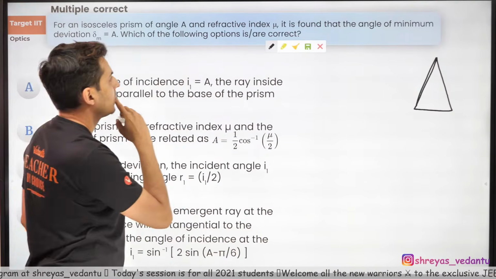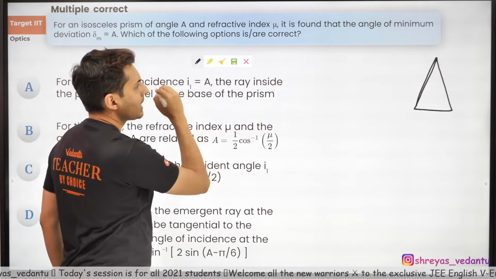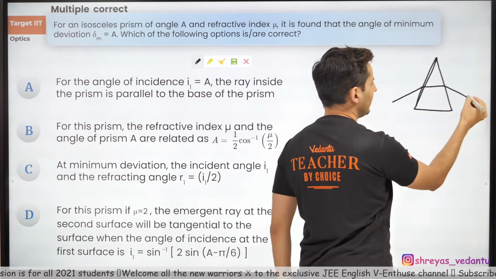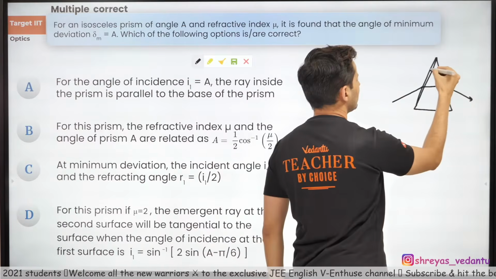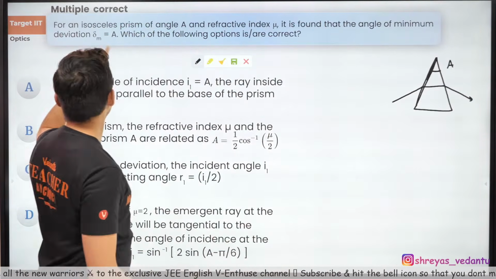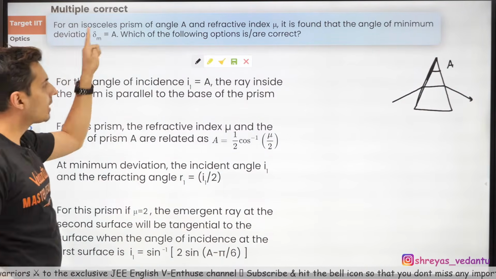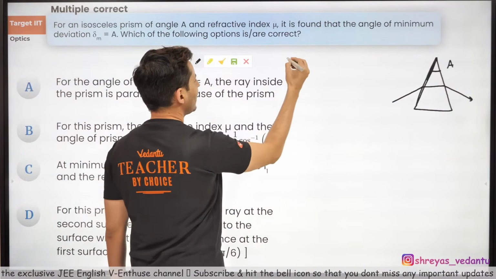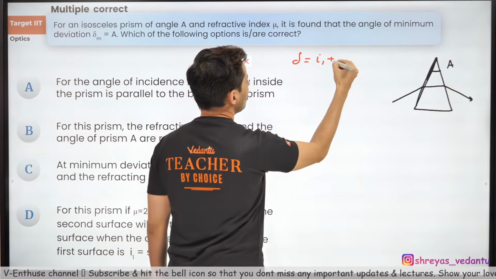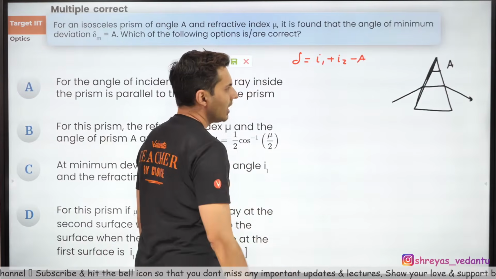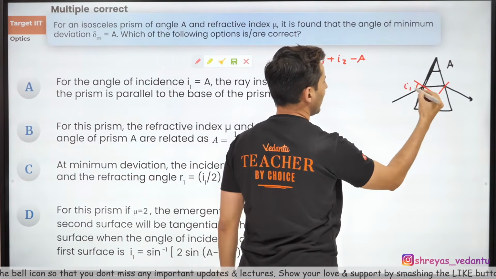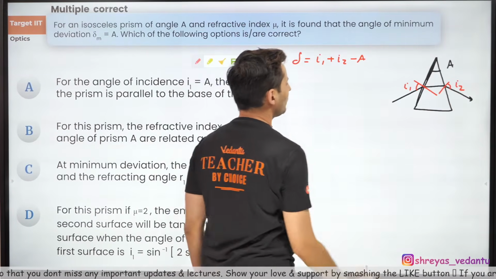Let's say this is the incident ray, this is the internally refracted ray, and this is the final emergent ray. The angle of prism is A. The angle of minimum deviation is A. In general, we know delta is I1 plus I2 minus A. This was I1, and this was I2.